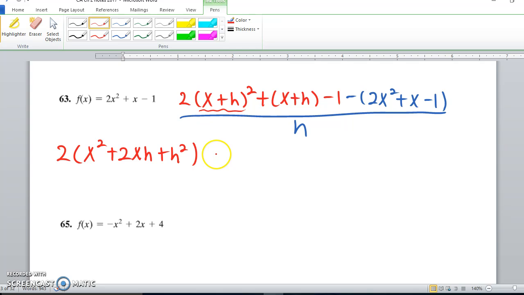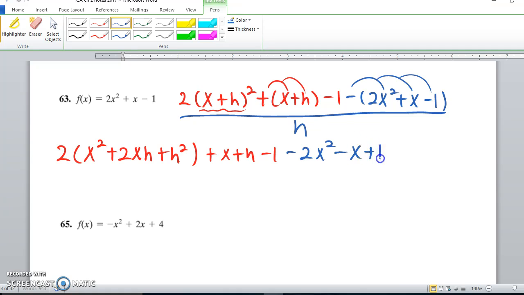Okay, and then here we can just go ahead and drop the parentheses. So plus x plus h, and then don't forget the minus 1. And then over here, we'll go ahead and distribute. So minus 2x squared minus x plus 1 all over h.